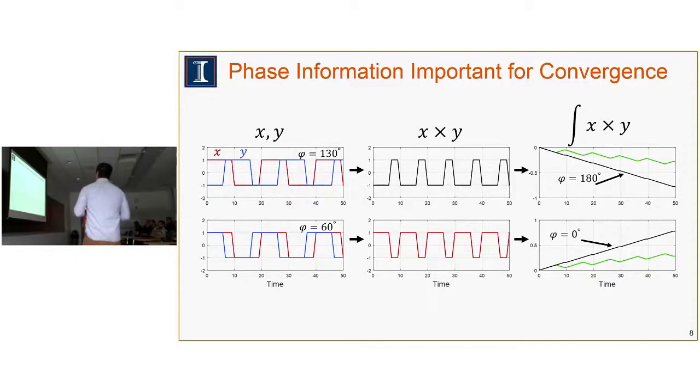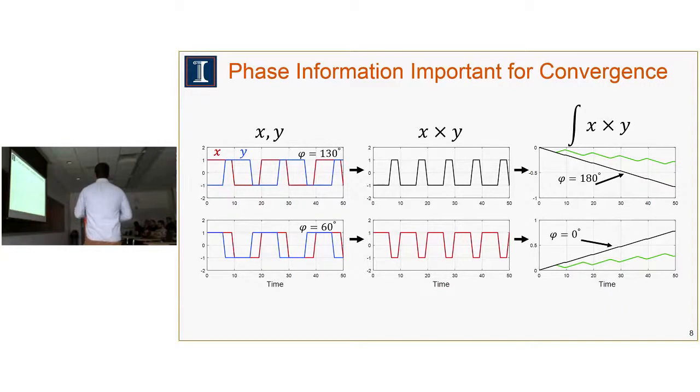This holds not just for 180 degrees out of phase or 0 degrees out of phase. Essentially, if your signals are between 90 and 180 degrees out of phase, their product will always be on average negative, so the integral will decrease, and vice versa for the other case. The takeaway here, though, is that as you begin to lose phase off of either 180 degrees or off zero, your integral will increase or decrease at a much slower rate.